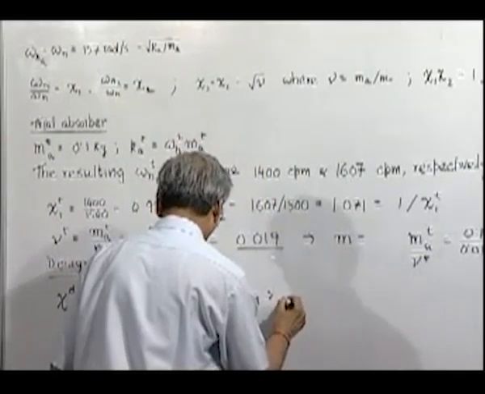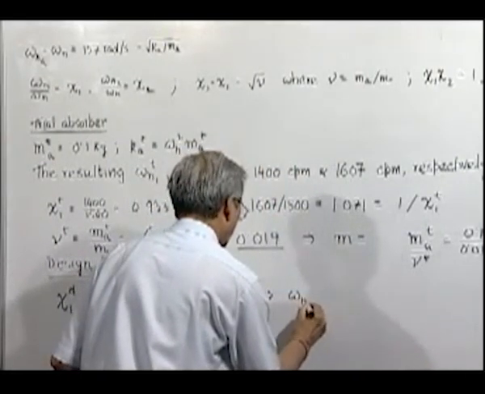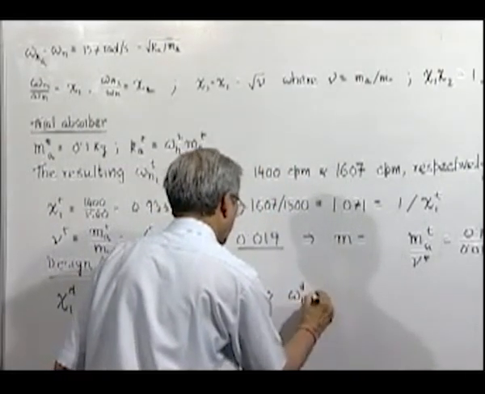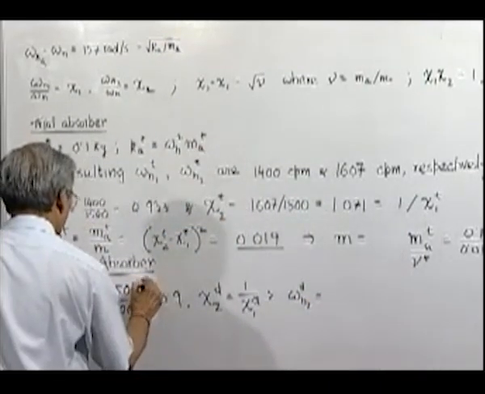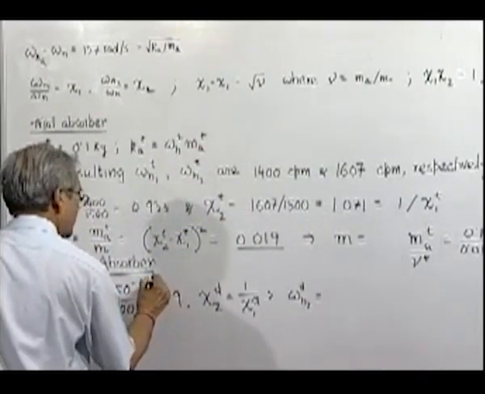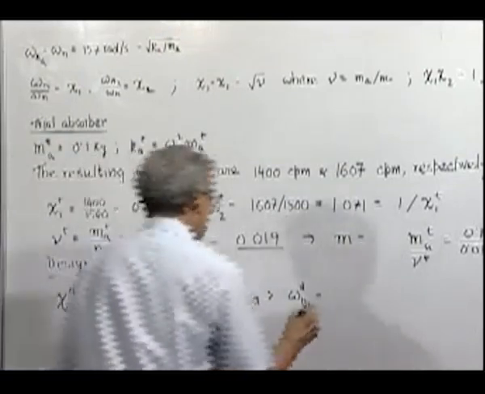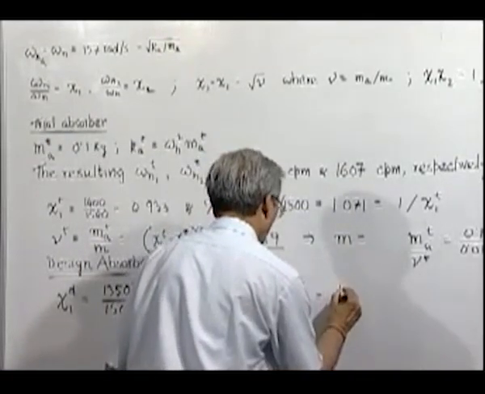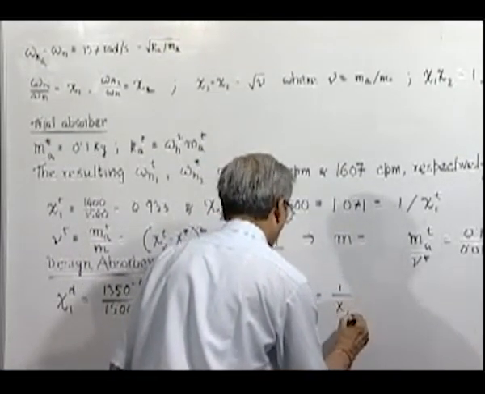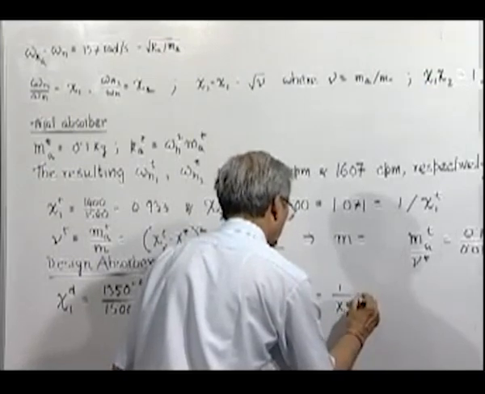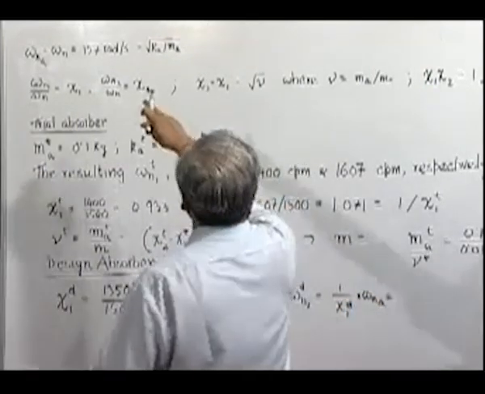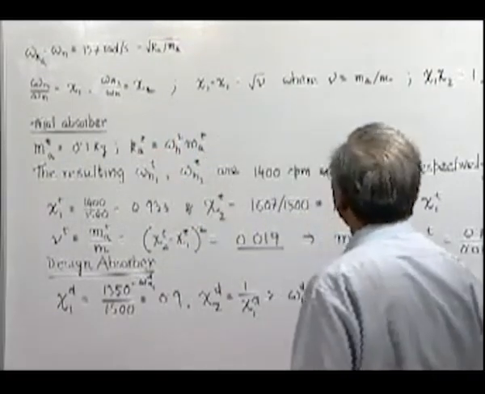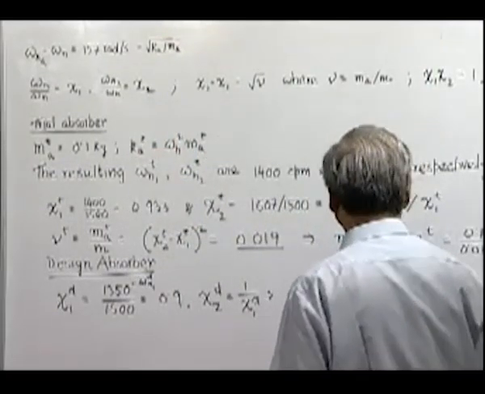That will lead to omega n 2 in the design stage, here actually this was design stage. So this will be 1 by chi 1 d into omega n a, which is nothing but 157 radians per second, or equivalent to 1500 rpm.